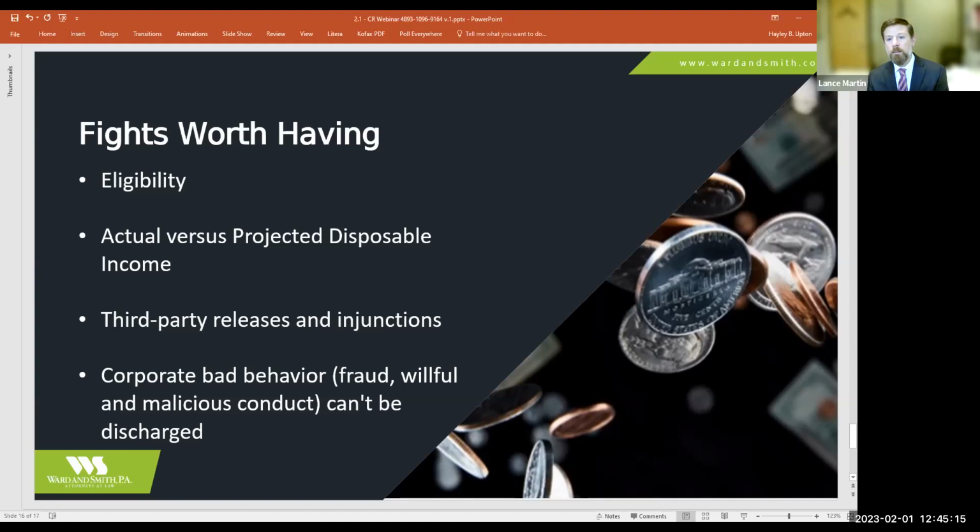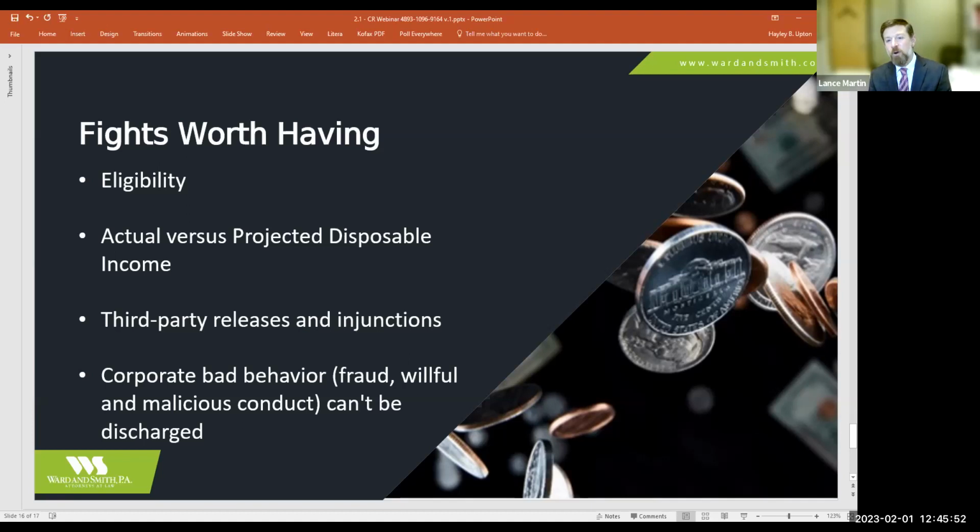And what the debtor's attorneys will do is that they'll put in the plan that upon confirmation of the debtor's plan of reorganization, the guarantee obligations are released as well. They'll ask for a release of the guarantee obligations, and or they will ask that creditors are enjoined from pursuing the guarantee obligations during the life of the plan.